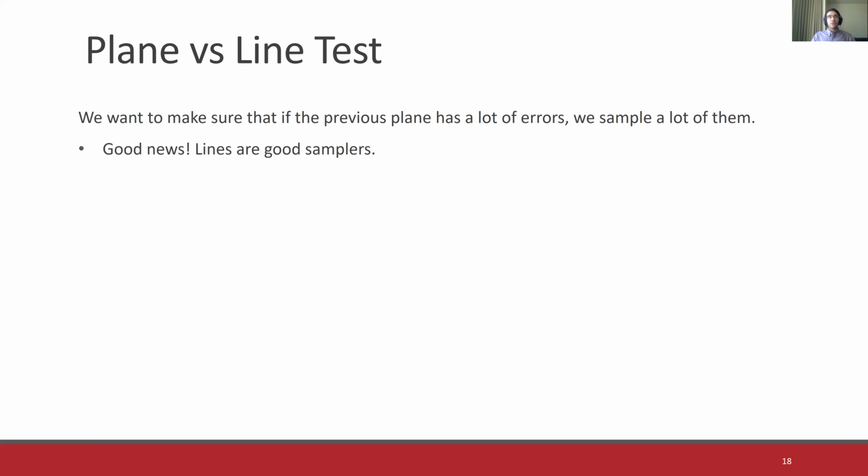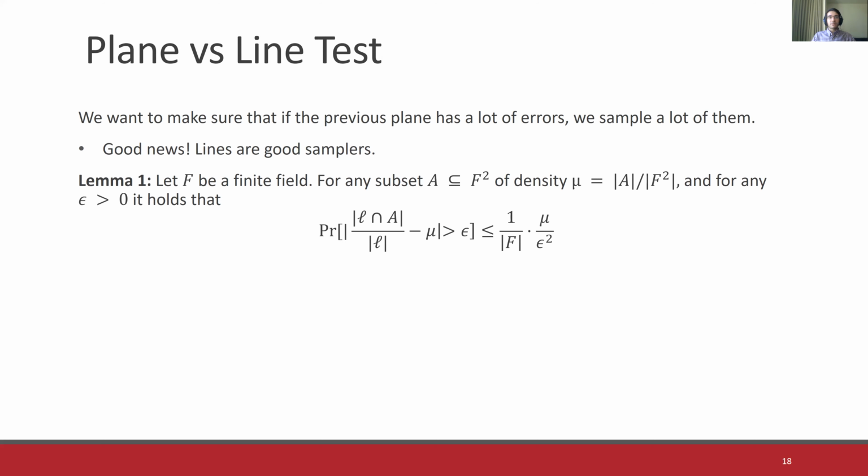And the good news is that lines are good samplers. We know that by this basic lemma, if we have a plane and if we have a subset A with density mu on that plane, then for any line that we randomly choose from that plane, the line sees that subset A with almost a similar density of points.